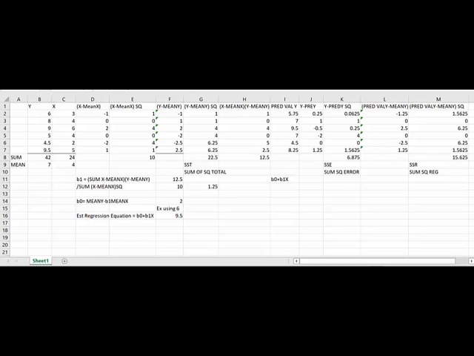If we wanted the estimated regression equation, you would use this: y with your little hat on it is equal to 2 plus 1.25x. And we could substitute whatever number we want in for x.